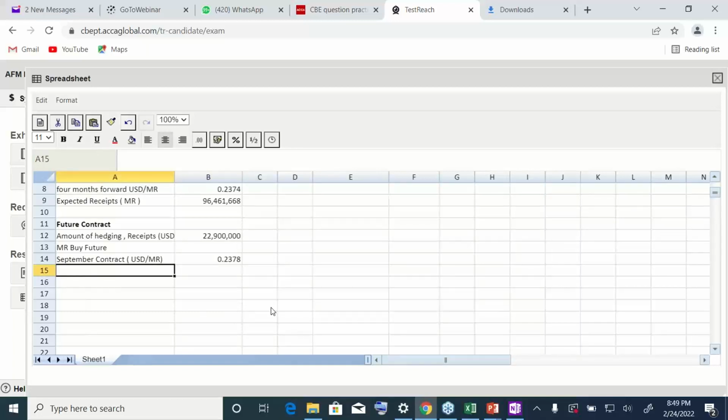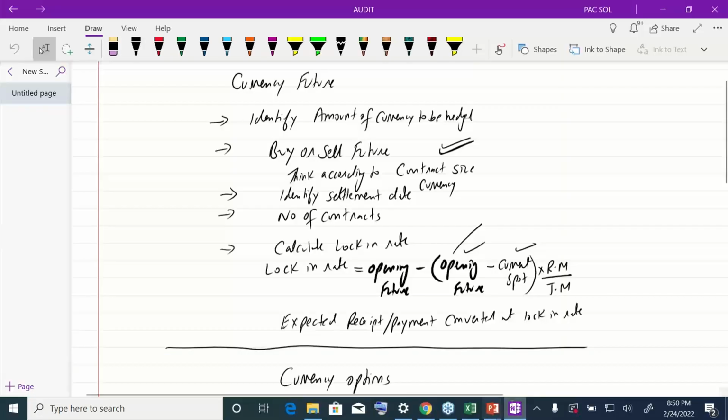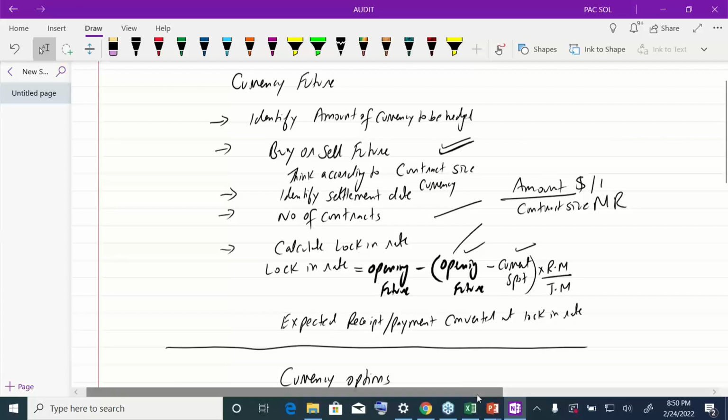Okay. Now calculate the number of contracts. The formula for the number of contracts is amount divided by contract size. The amount is in dollars and the contract size is in MR, so you have to convert the dollars using the future rate.